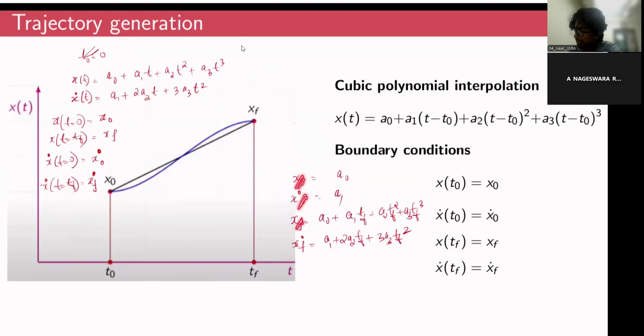x0, x0 dot, xf, and xf dot would be your boundary conditions that will be given to you, because that is what you really want to achieve. You want to plan a trajectory from an initial position and initial velocity to a final position and final velocity. You will also know your time duration, tf, the time for executing this entire trajectory.